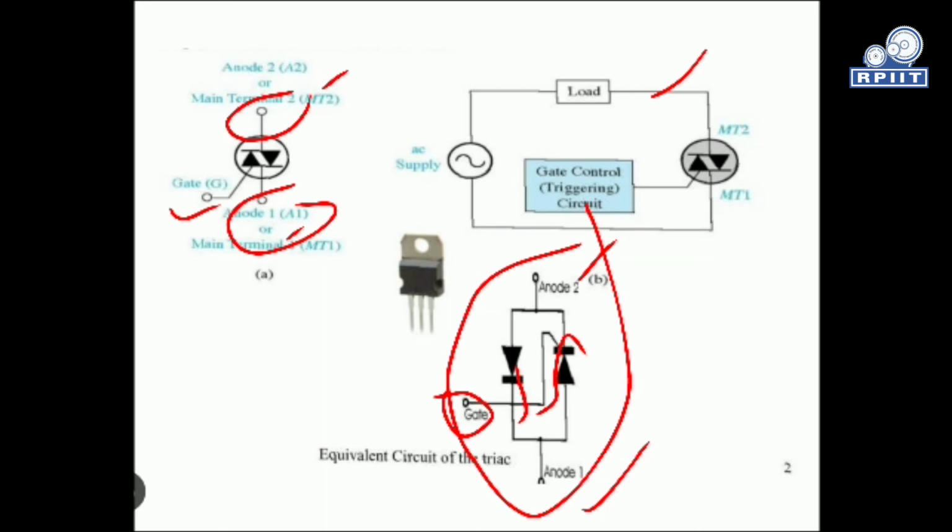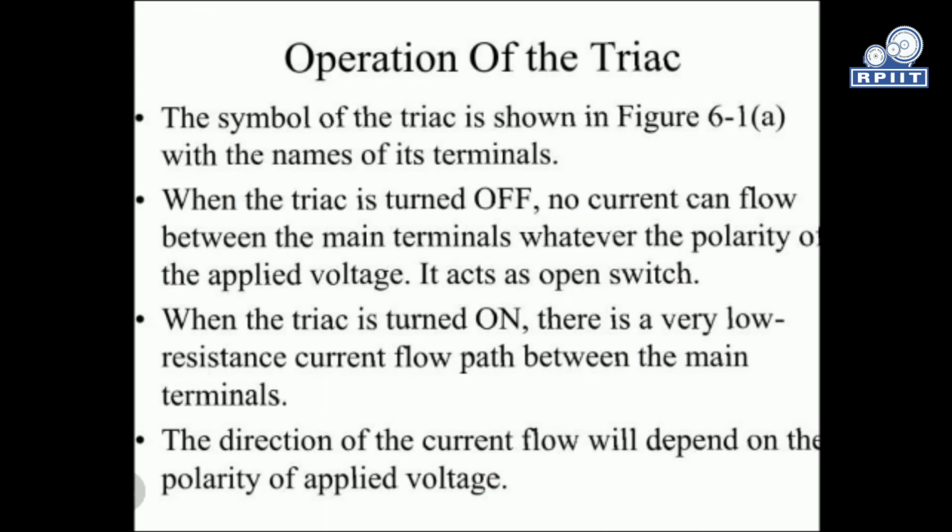You can see here our load and this triac device, which is controlled by the control signal or triggering circuit. The MT2 terminal is connected with the load, and MT1 is directly connected to the negative polarity of our voltage source. Now about the working: the symbol of the triac we have already discussed.